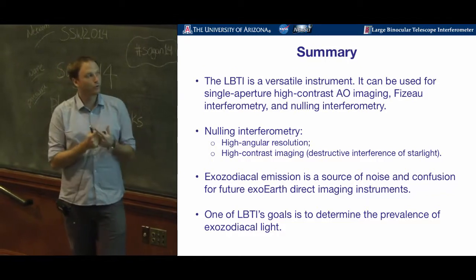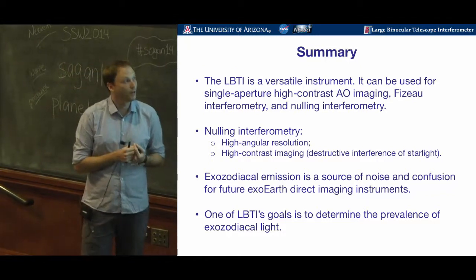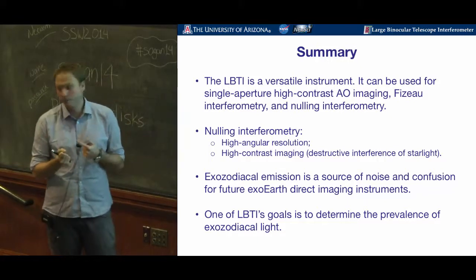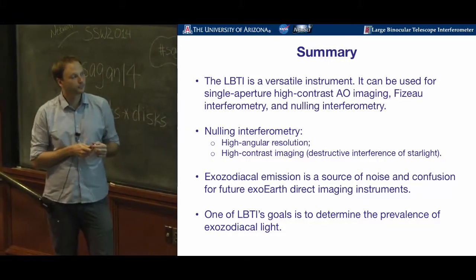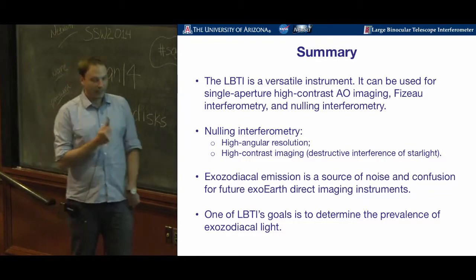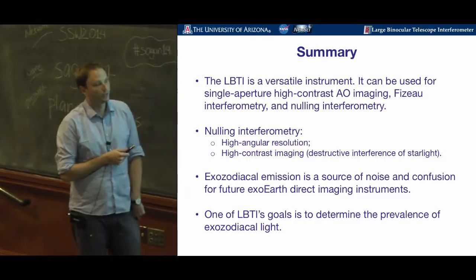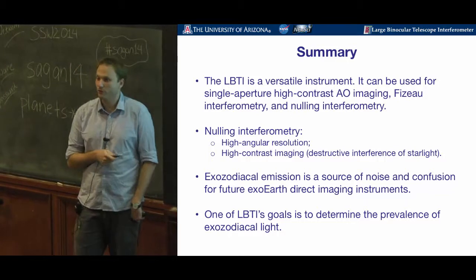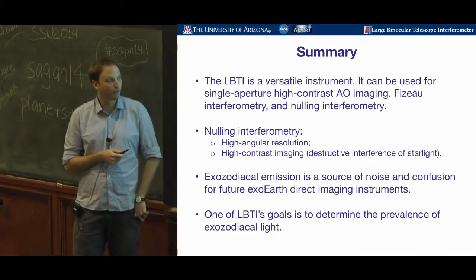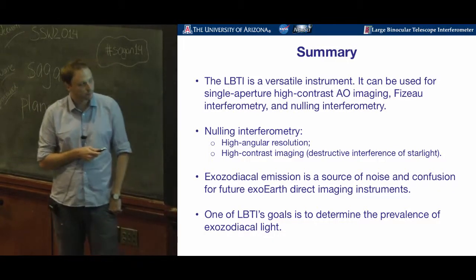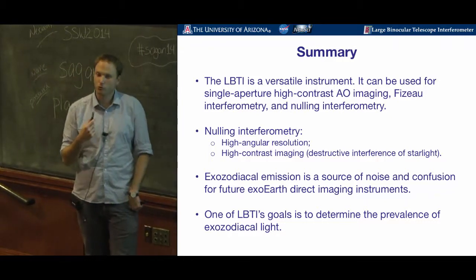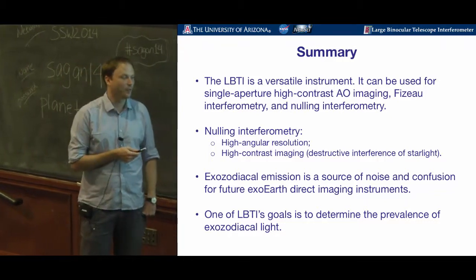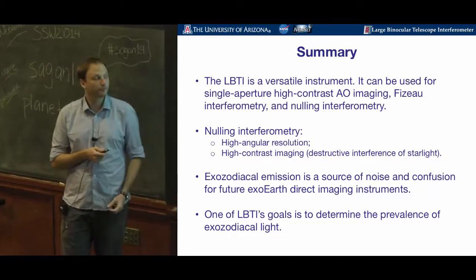Nulling interferometry is used to get the higher angular resolution and at the same time to improve the contrast by destructive interference of the starlight. The exozodiacal emission is a big problem. It's a source of noise and confusion for future characterization of Earth-like planets. And this is one of the main goals of the LBTI, to look for this dust and find the brightest ones.